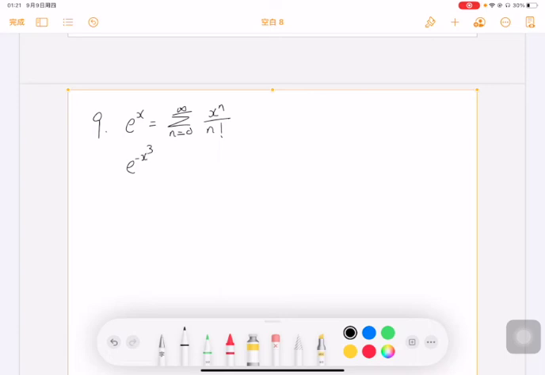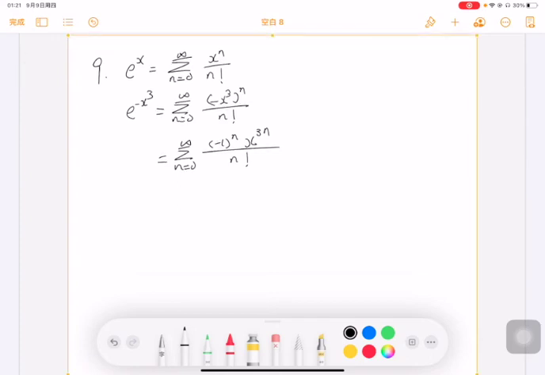Then e to the minus x cubed can be written as the sum of minus x cubed to the nth power divided by n factorial. Let's clean this up a little bit. We get minus 1 to the nth, and then times x to the 3n divided by n factorial.